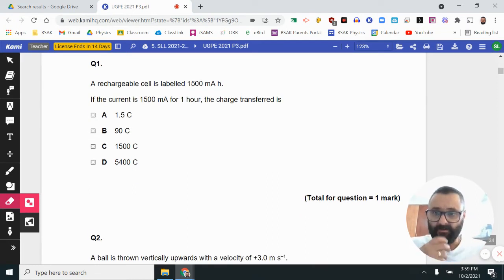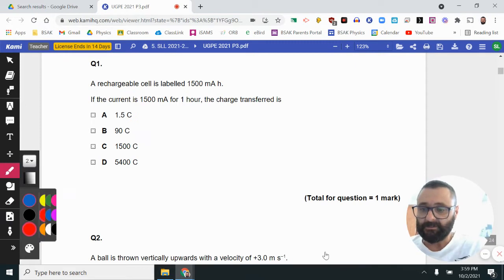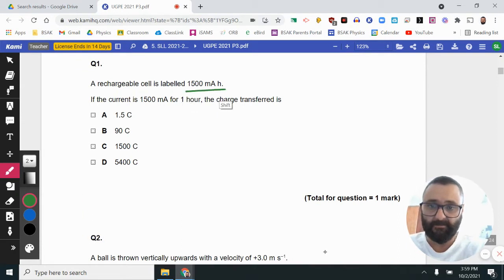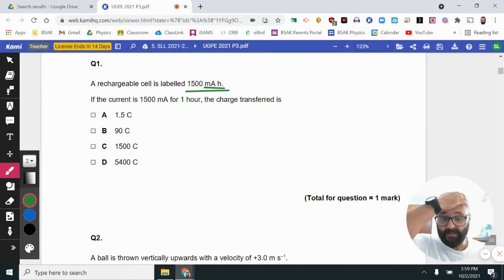Anyway, what we've got here, a rechargeable cell is labelled 1500 mAh. What might have thrown you is this unit, mAh, that's actually a unit of charge. You'll see that written on the side of regular batteries when you buy them in the shop. Milliamp hours is another unit for charge, but it's obviously not the standard unit, because the standard unit is the coulomb.